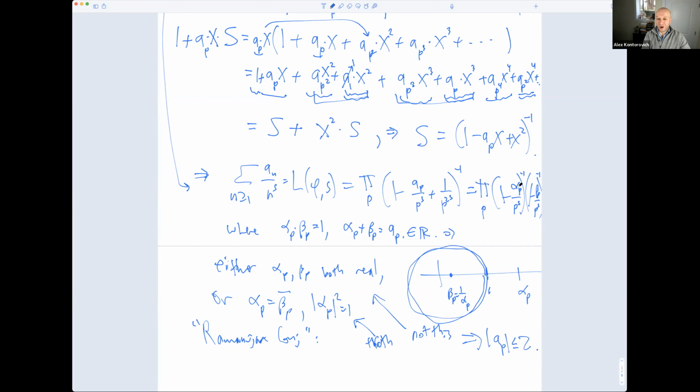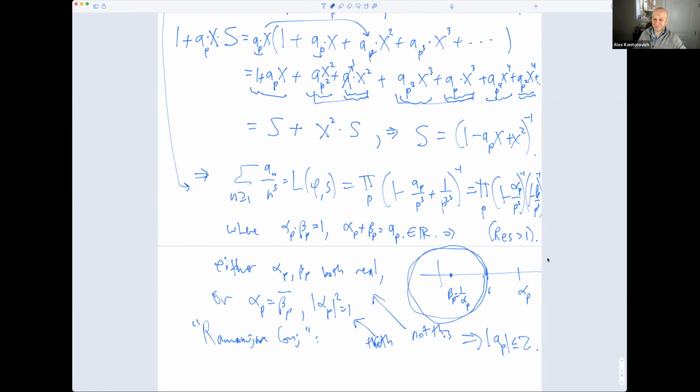Okay, so let me go back to Andre's question about whether this thing can vanish. So if the alphas and the betas are of absolute value 1, then this thing indeed does not vanish, for the same reason that the zeta function doesn't vanish. In the region of absolute convergence, this is all for real part of s greater than 1. And there's no way for individual factors to cancel out or anything.